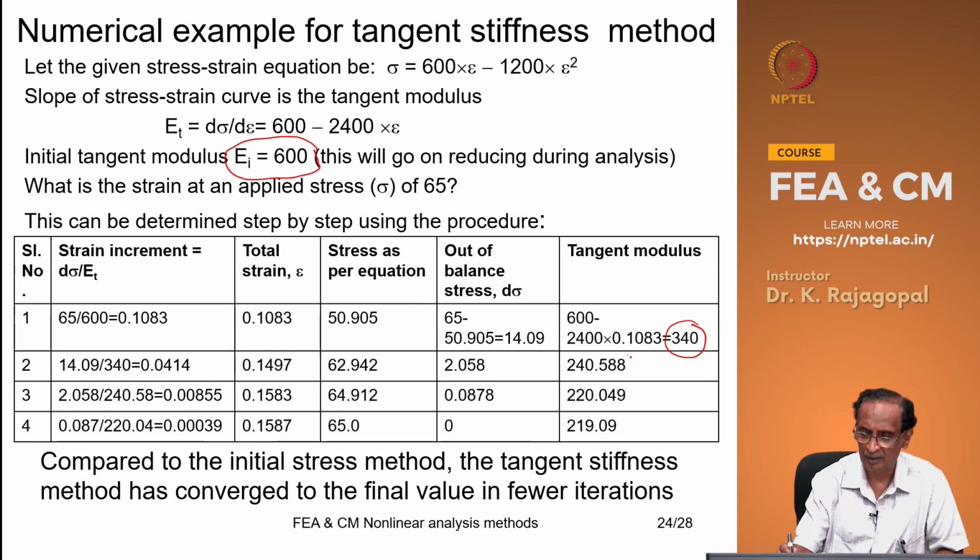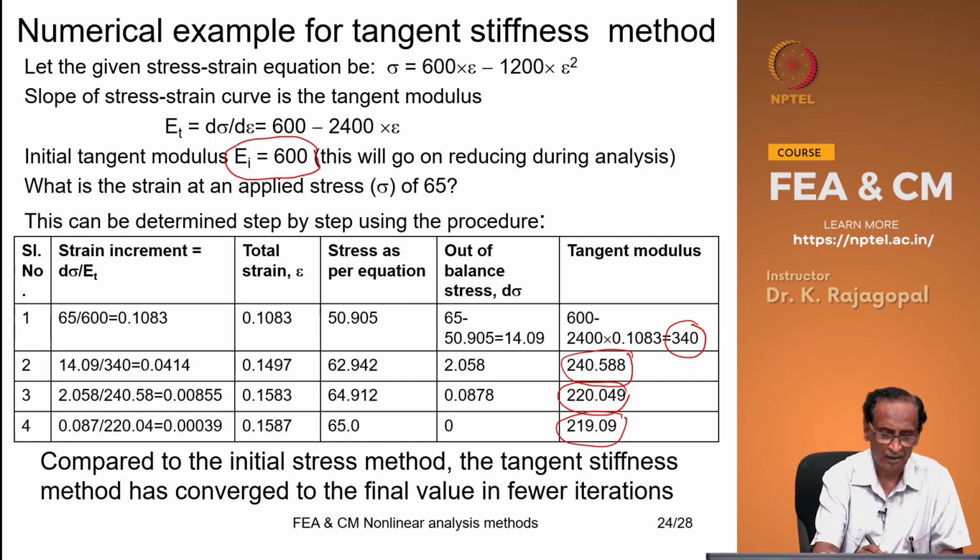Our updated modulus at the end of the second iteration is 240, next it has come to 220, and then to 219. You see that it is getting closer and closer. In the second step, instead of using 600, we use only 340 for the modulus.